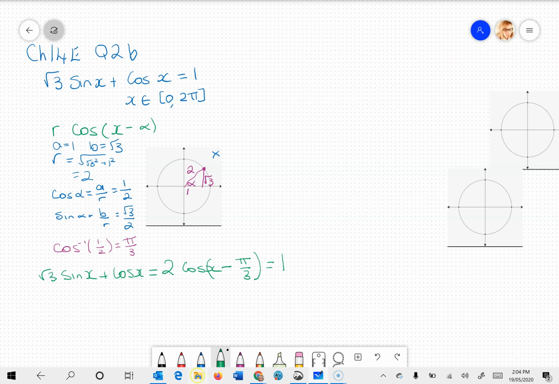So now we might be able to solve it. So now I've got 2 cos x equals 1. I can just do that as cos of x minus pi over 3 equals 1/2.